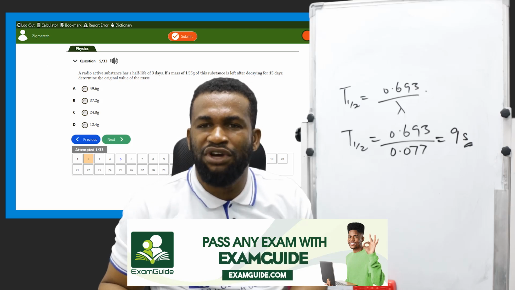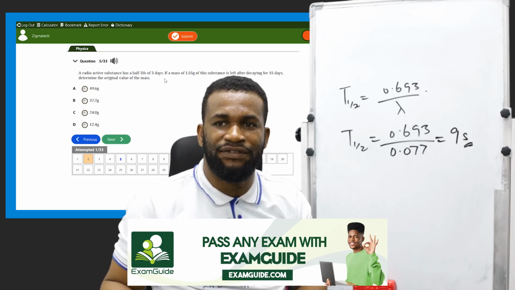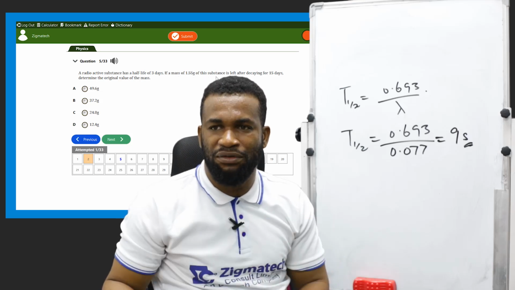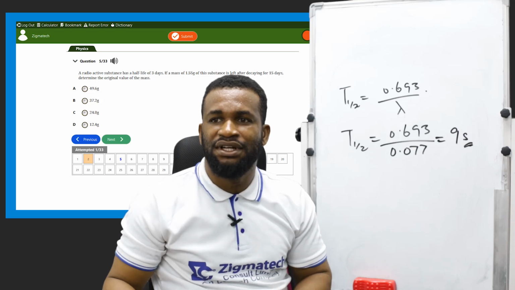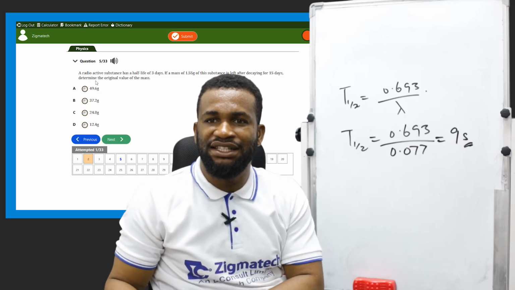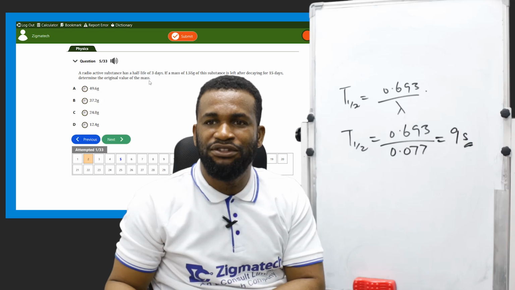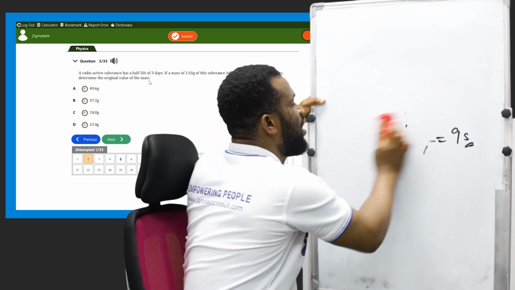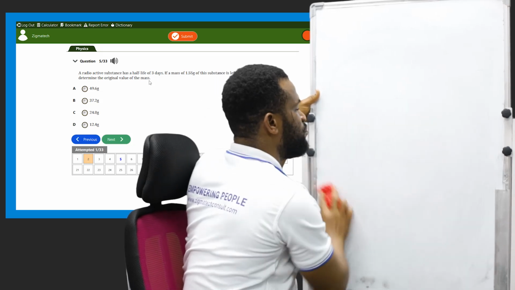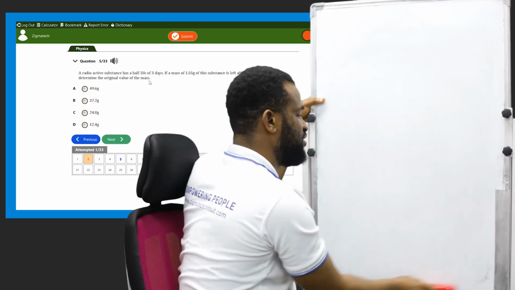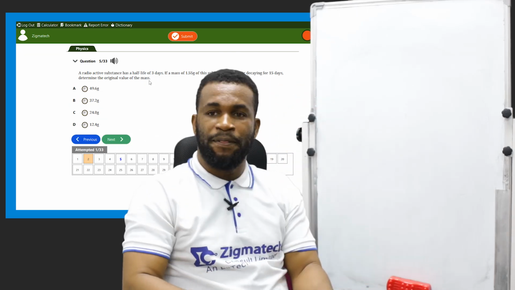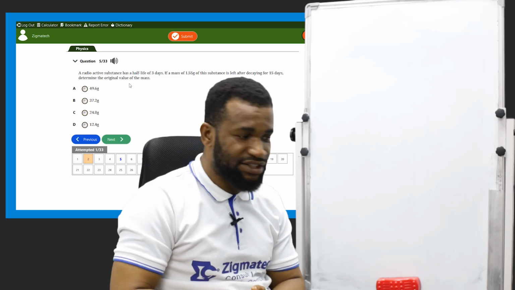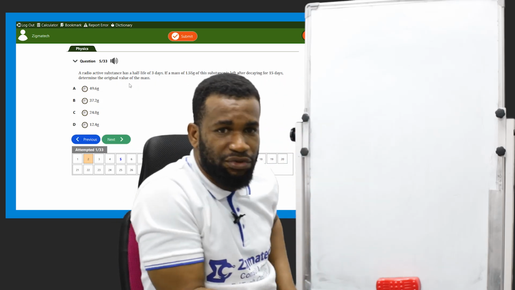Okay, so let's look for something else. We have a radioactive substance that has a half-life of 3 days. If a mass of 1.55 grams of this substance is left after decaying for 15 days, determine the original value of the mass. Okay, like I told you, I will always use the method that students prefer so much by experience, the one that is easy for comprehension for students.